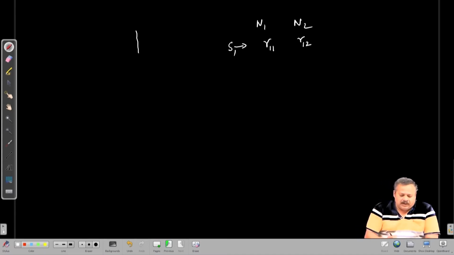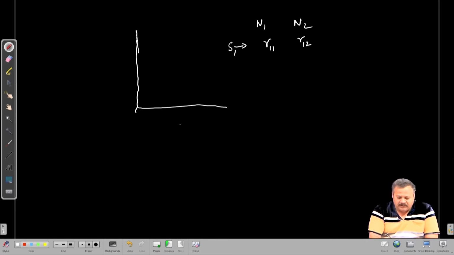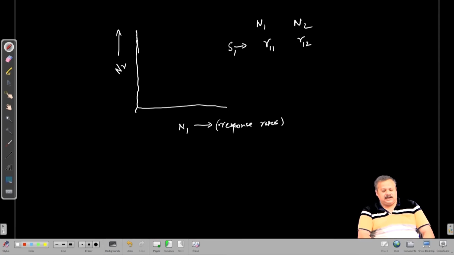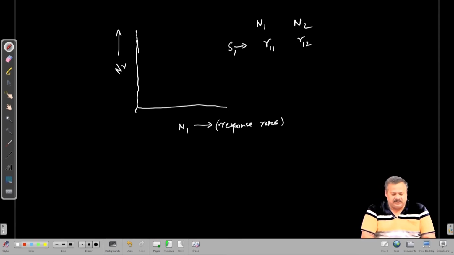Now let us represent the rate based response of neuron 1 along one axis, and the response rate of neuron 2 along the other axis.